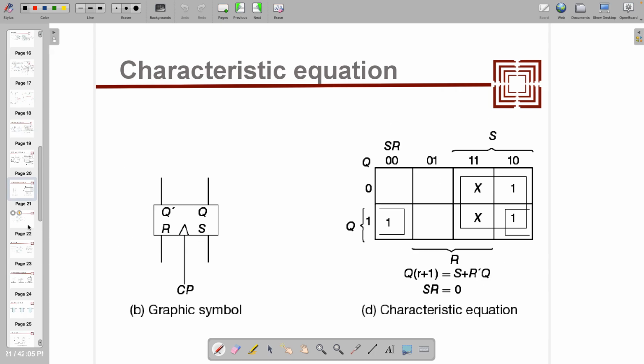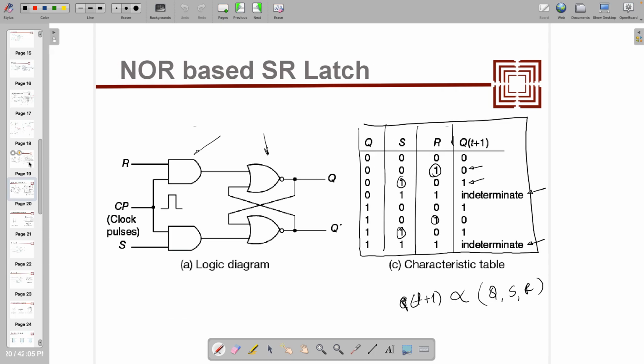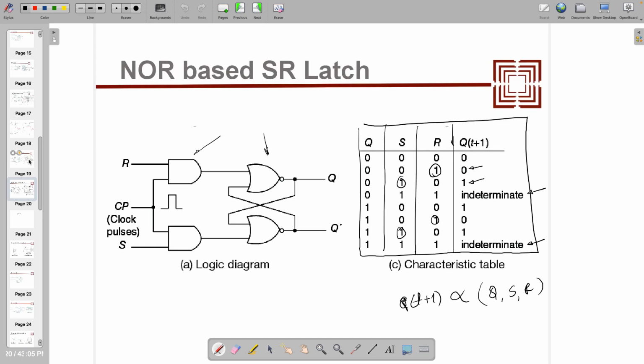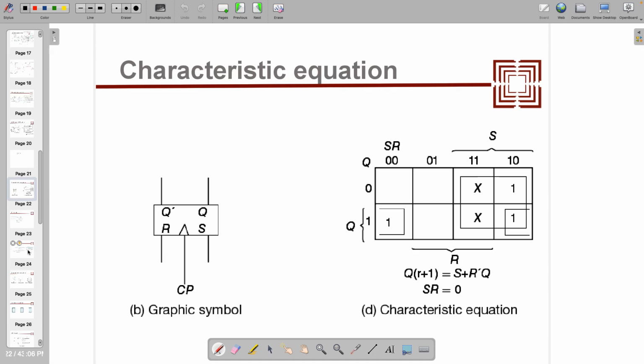Anyway, okay. So what's the Q t plus 1? You can use your K-map, and through the K-map you can find out the answer. Wherever those indeterminate conditions are, those are not going to be kept.